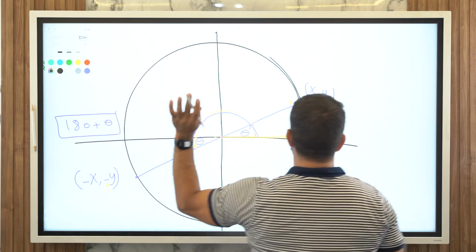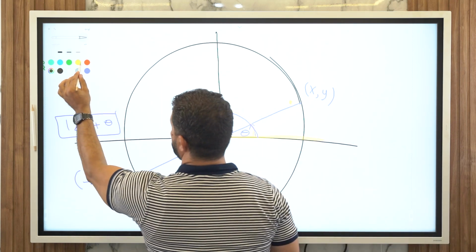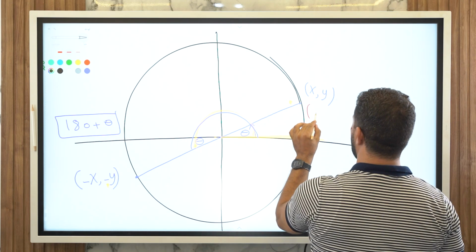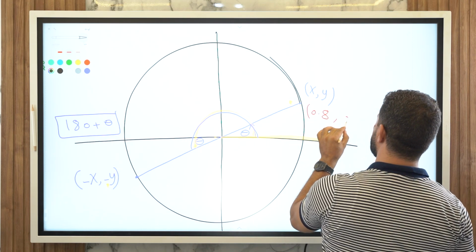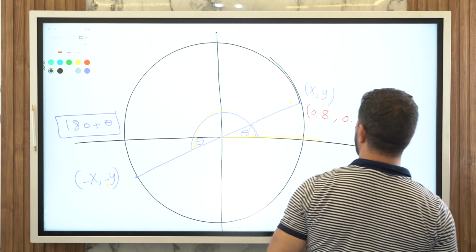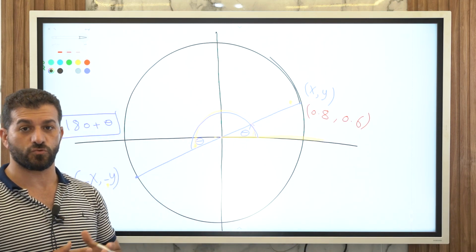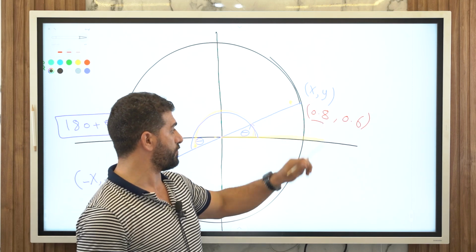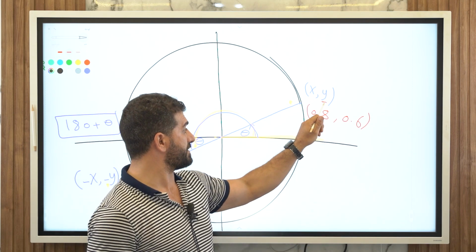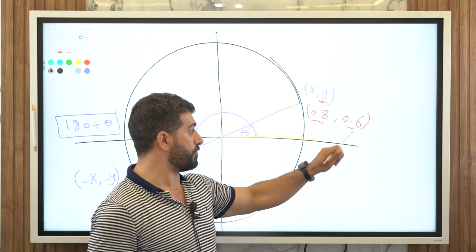Let's take an example: 0.8 as x and 0.6 as y, like the previous example. So if I asked you, cosine theta is 0.8, and sine theta, y, is 0.6.